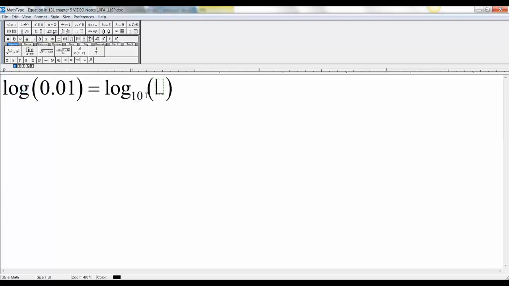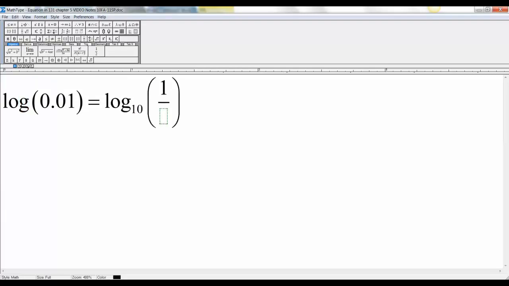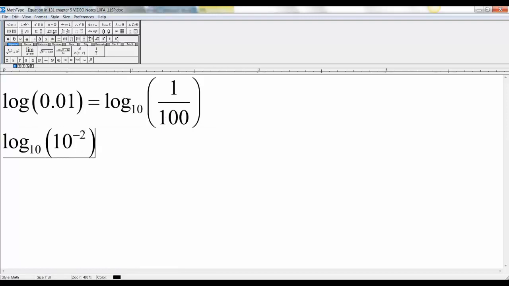And then remember back from, well, I don't know how long ago it was for you, but this is the 10ths place and this is the 100ths place. So this is really the log of 1 over 100. Okay, well that's really, I'll put it down here, the log base 10 of 10 to the negative 2, which means it must be negative 2. Negative 2 is the answer.